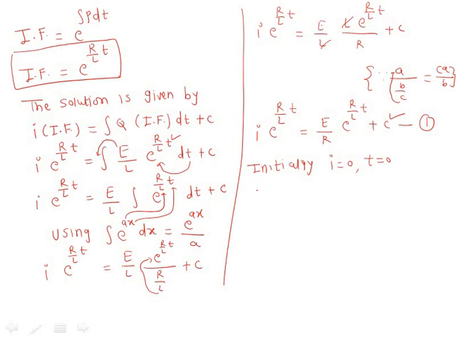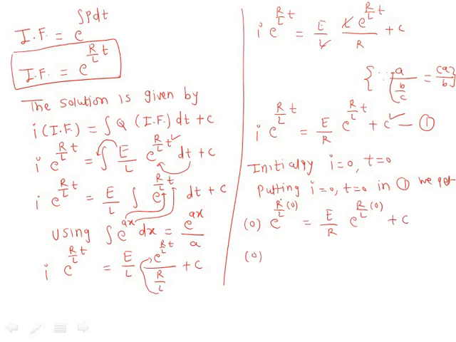So putting I equal to 0, t equal to 0 in equation 1, we get: on the left, I equal to 0, and on the right, E by R into e raised to R by L into t is 0, plus c.